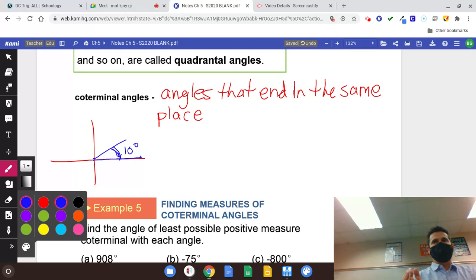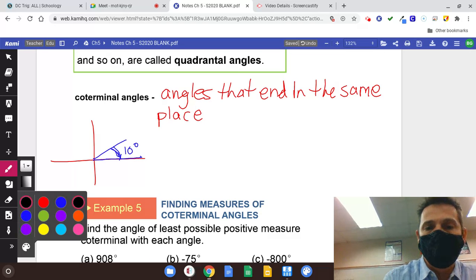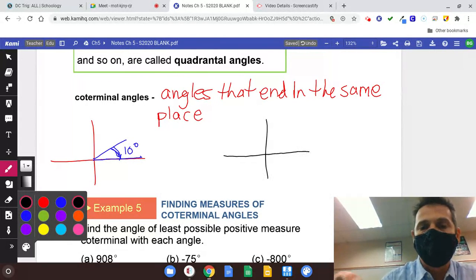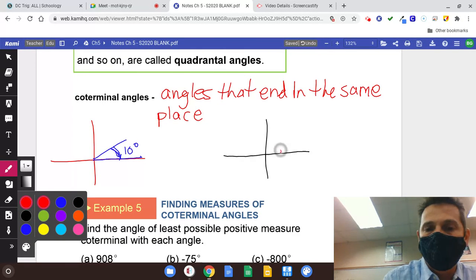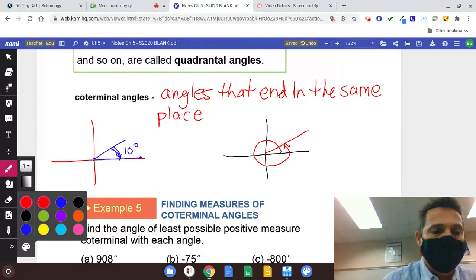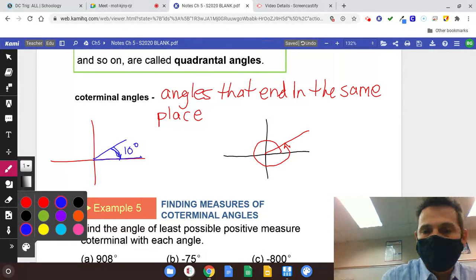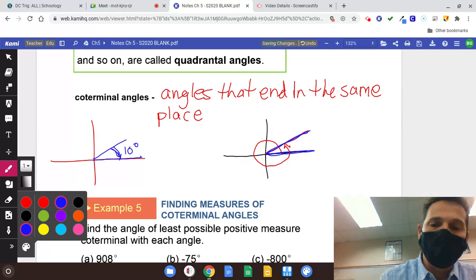Okay, terminal side, initial side, and measure. But imagine if I drew 370 degrees. Okay, 370 degrees means I'm going to go all the way around 360 and then 10 more. Okay, right there. That's got an initial side here and a terminal side here, but this measure is now 370 degrees.